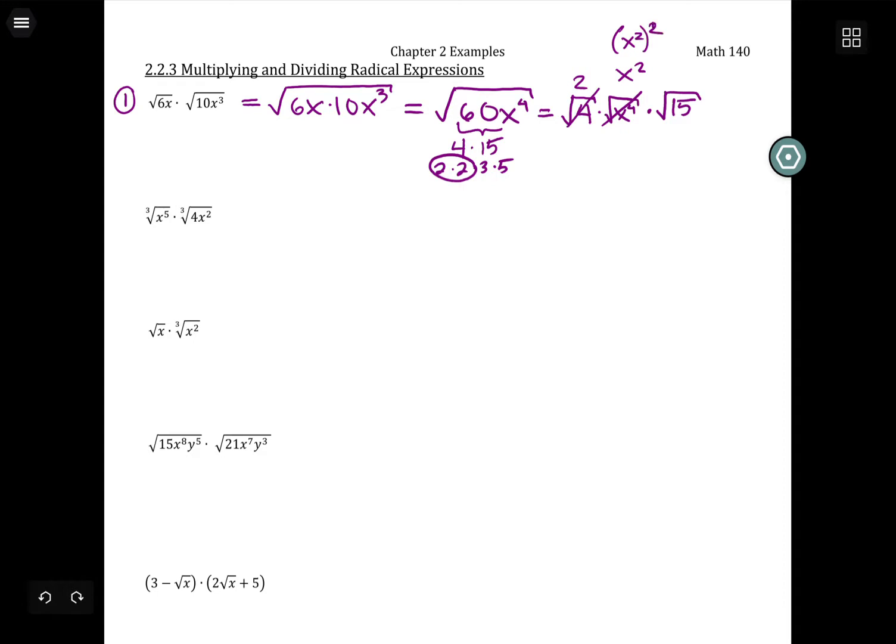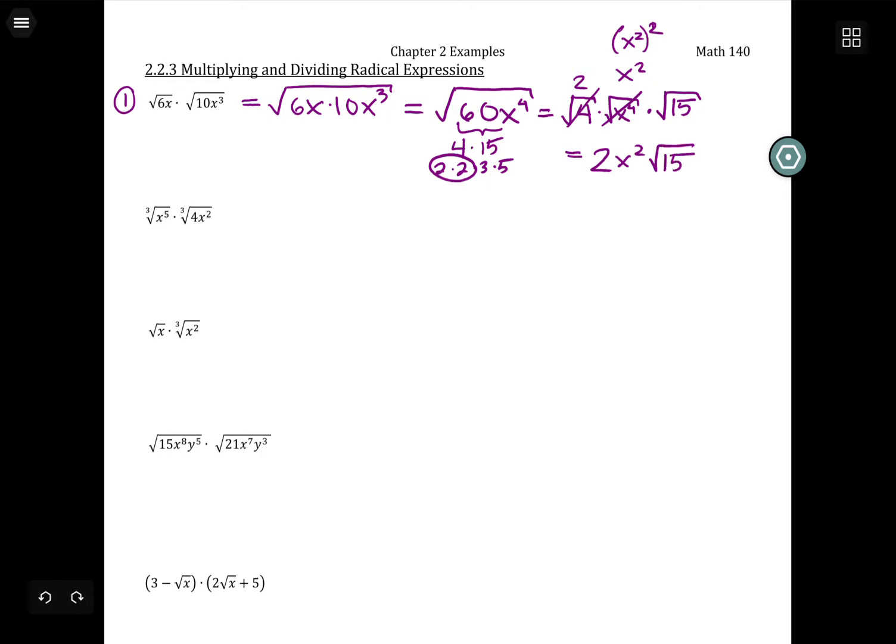And then one of those two second powers will cancel the square root. There's others as well. So however you're thinking about that, basically taking the square root of something with a power cuts the power in half. So when we're all done, my final answer is going to be 2x squared root 15.